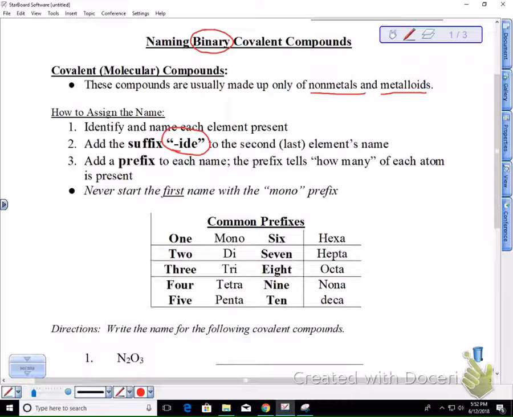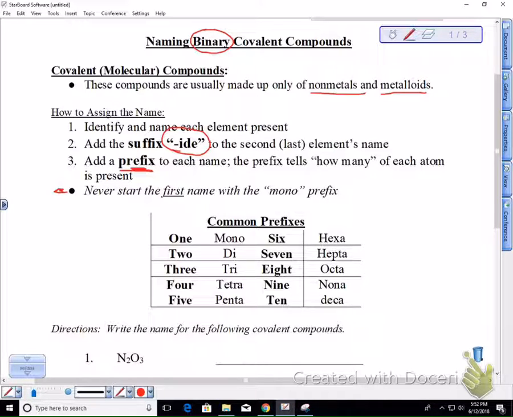The unique thing about the covalent nomenclature system is the use of the prefix. What the prefix does is tell how many, so it will reflect the subscript from the chemical formula. We will have a prefix for each atom present, except the first word will never start with mono.